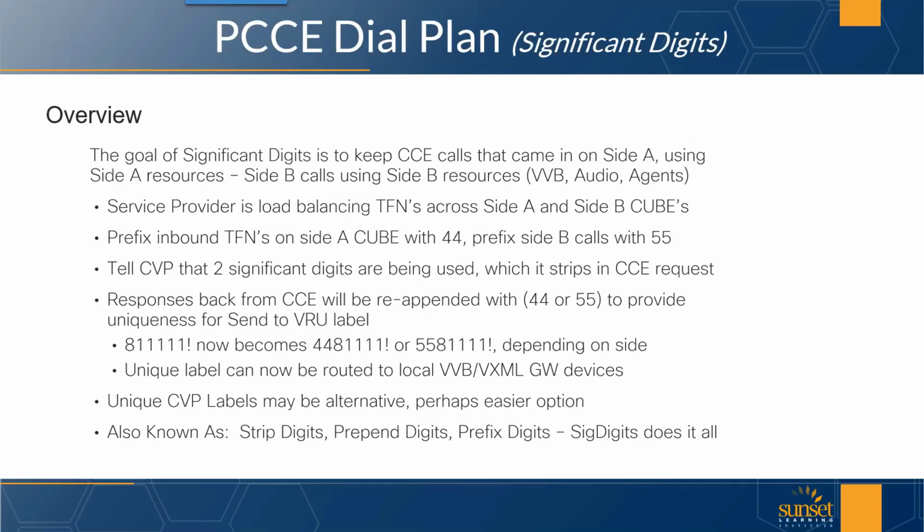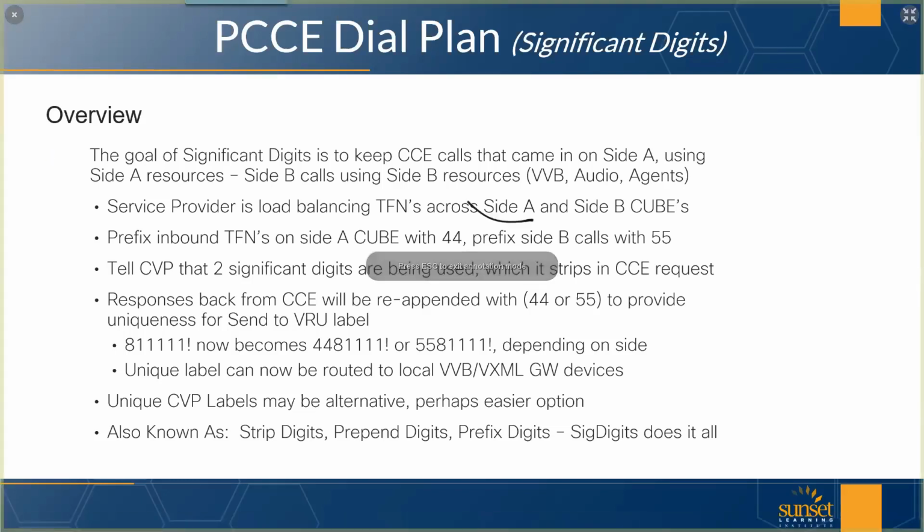Lastly, significant digits. Significant digits is a process by which we can keep calls coming in on a particular side A using side A resources, side B calls using side B resources. It's significant in the context where the service provider might be providing some load balancing of their toll-free numbers across side A and side B gateways.